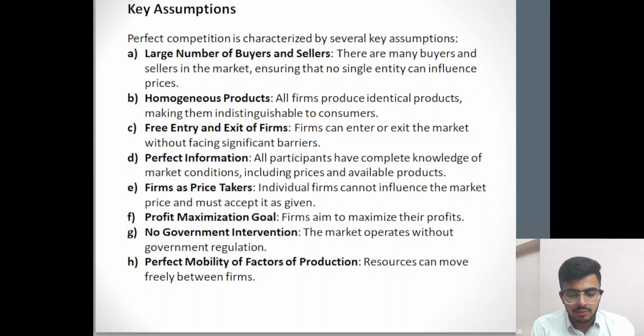Next is free market entry and exit, with no significant barriers, and perfect information, which means complete knowledge of market conditions. Price takers: firms accept the market price as given.